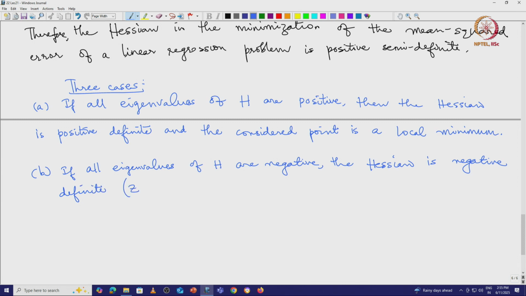So, you take any vector, then z transpose H z will be strictly less than 0, and the considered point is a local maximum.